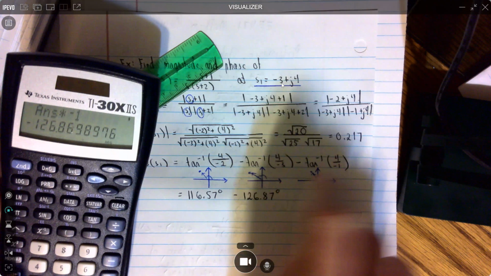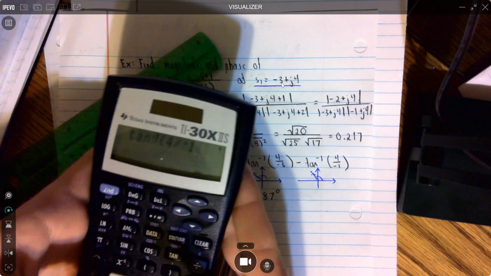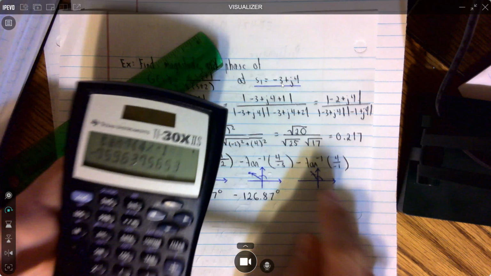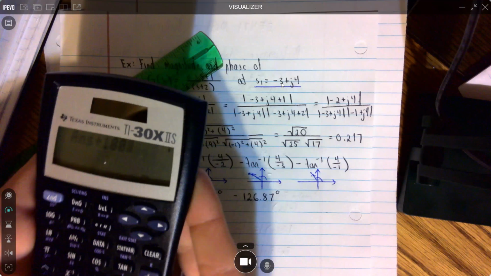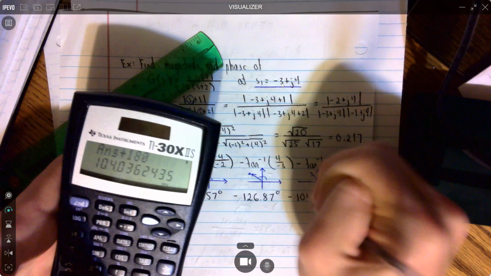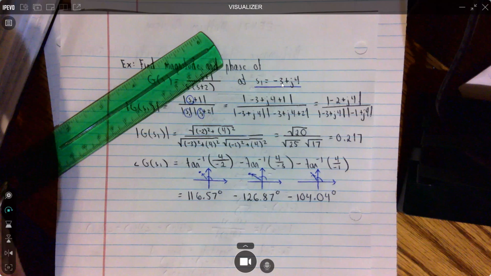Then here, tan inverse of 4 divided by -1 is -75.96, add 180, and then remember the minus sign in front, so minus 104.04 degrees. Okay, so 116.57 minus 126.87 minus 104.04.